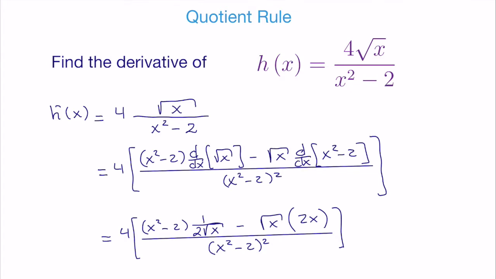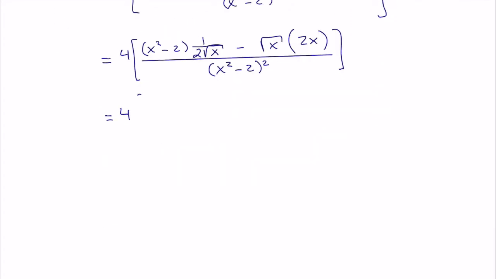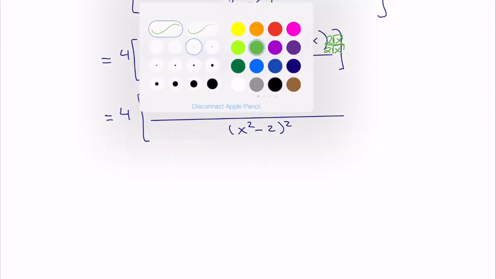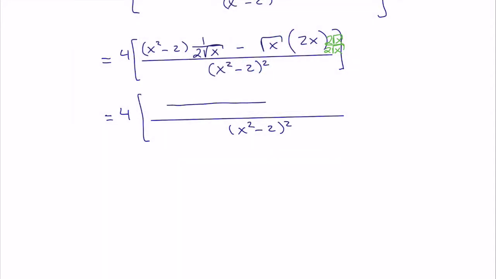And then this is 4 times, and we want to make the numerator have a common denominator, and that common denominator is 2 square root of x. For that, I will have to multiply and divide 2 root x over 2 root x to this term, and in that way we get a common denominator of 2 root x.